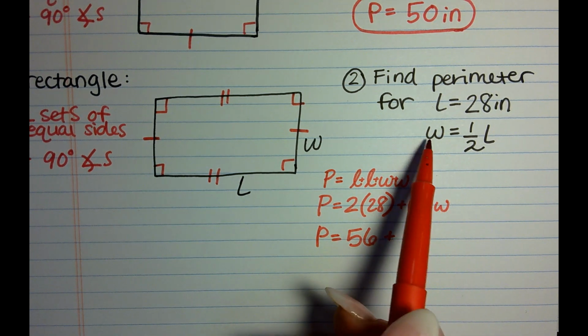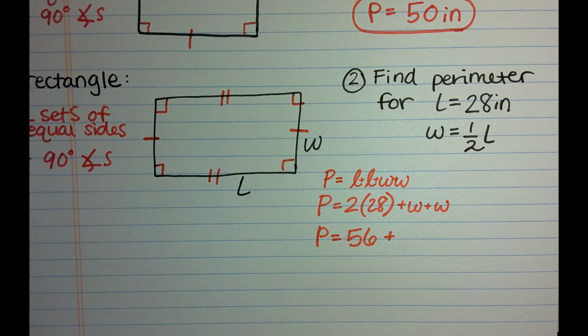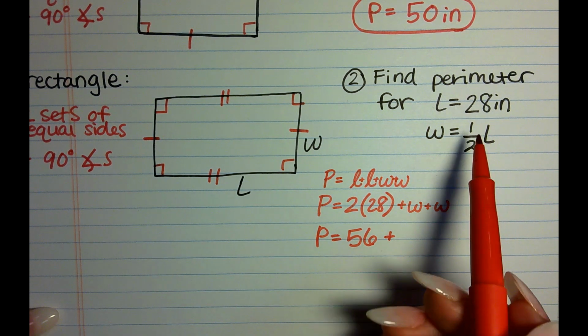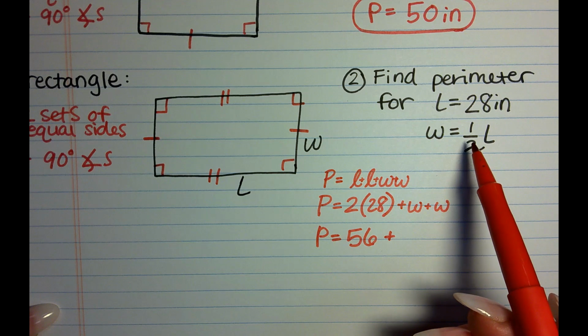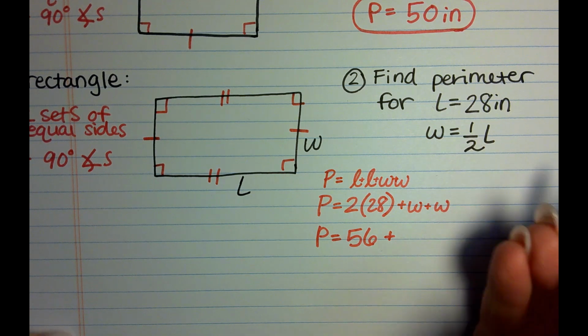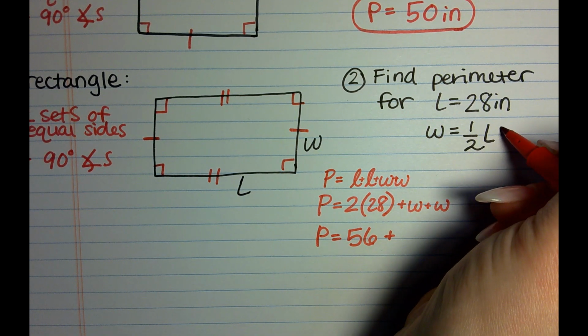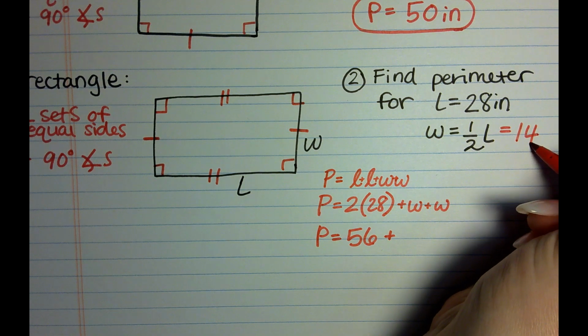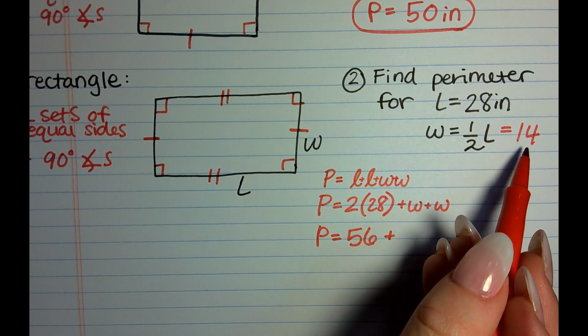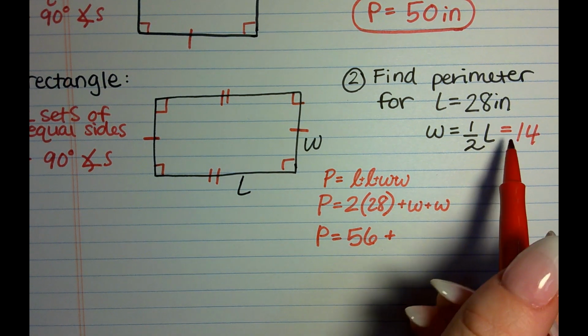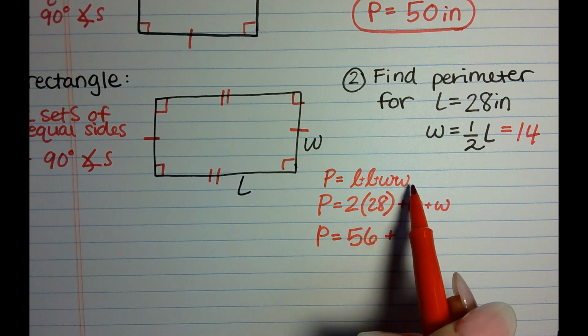Plus, now my width is half of my length. 14. So 28. Yeah. It'll be 14, but if you times it by 2, it'll still be 28. You're right. So you could do a couple of things. You could do 28 divided by 2, and that's going to give you half the length, so the width is 14. But we're just going to have to take it times 2 again because we have 2 widths.